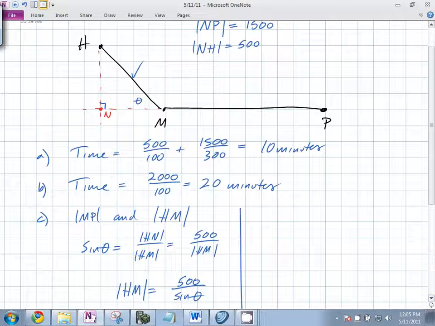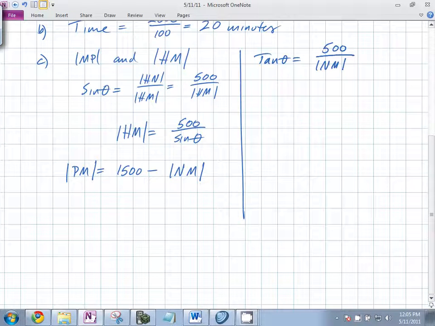In this triangle, we know that's 500. Tangent. Tangent theta is equal to what? 500 over NM. Correct. So what does NM equal? 500 over tan theta, exactly. So where can we take that now? Where can we plug that in?